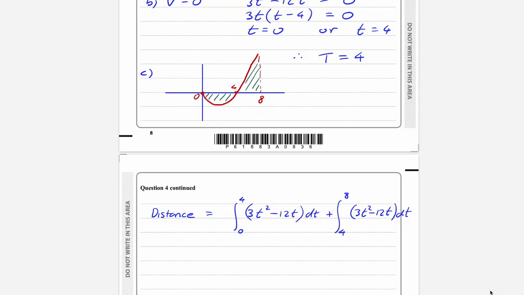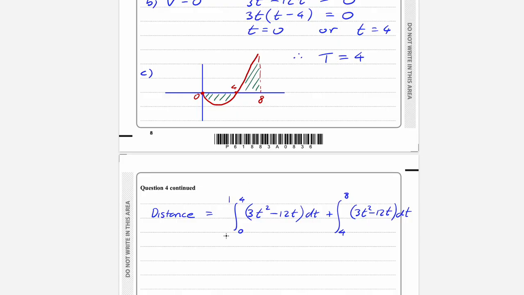Now the problem is that this integral will be negative, just this first bit, because from 0 to 4 the function under the graph is under the x-axis, which means the integral will give a negative answer. So what I could do is, if I put a negative there, that would work, because it will be negative, and that'll make it positive.